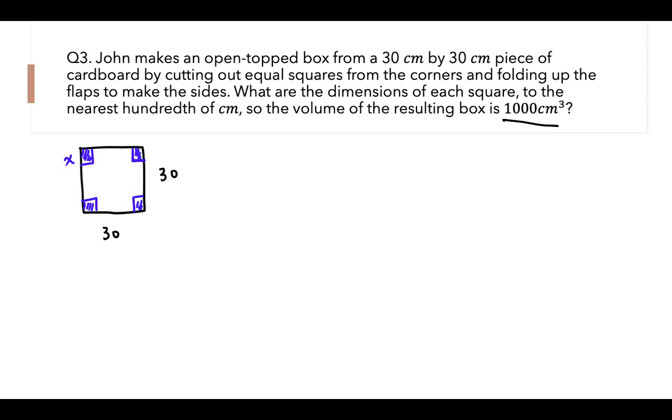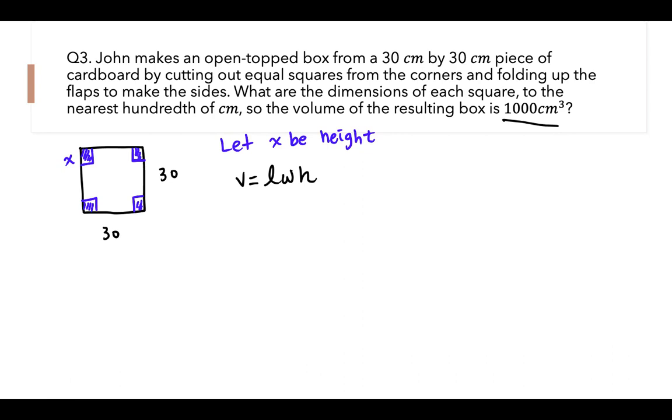So we could say, let x be the height of the box. And we know that because we're working with volume, the volume formula for a square base prism is length times width times height. So we could represent the new length without the height.